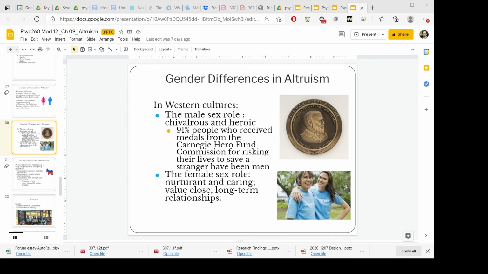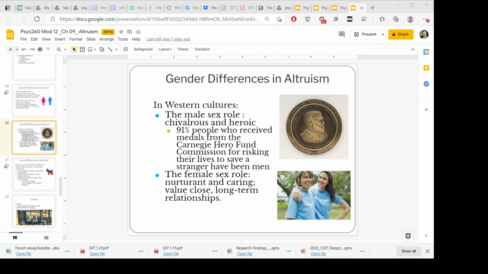Men tend to do more heroic and chivalrous behavior, for example, risking their life to save a stranger. Women tend to do more of the nurturing and caring pro-social behavior in long-term close relationships.